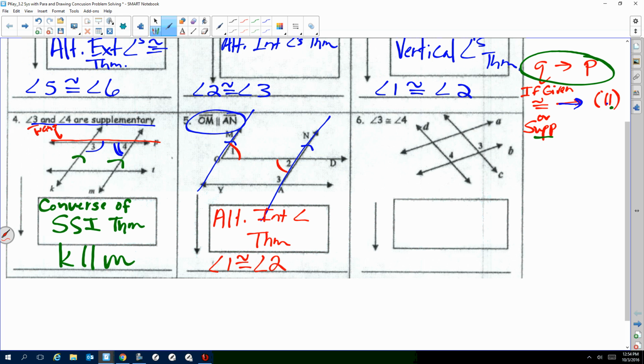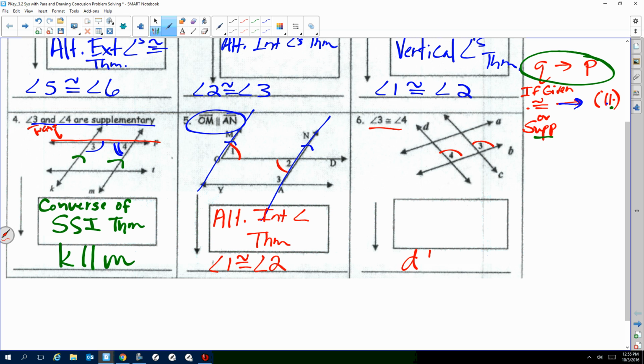So now on 6, they're giving me that 3 is congruent to 4. So what are we going to have to draw a conclusion now that I have congruent angles? Parallel, that's right. So you're given congruent or supplementary. I'm trying to draw the conclusion of parallel. For them to be congruent, which lines would have to be parallel?